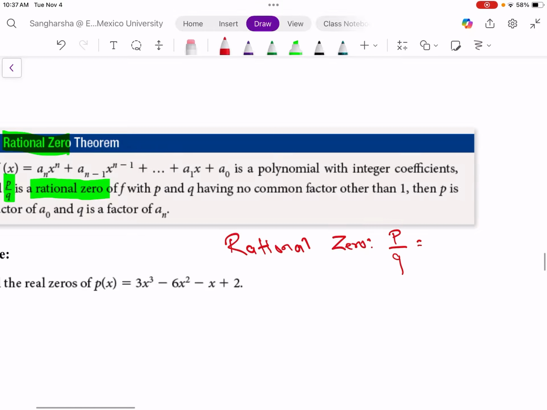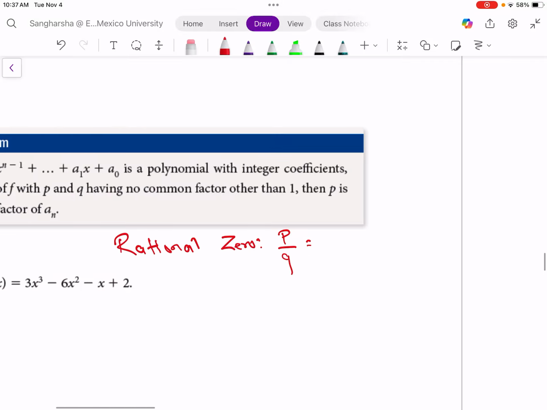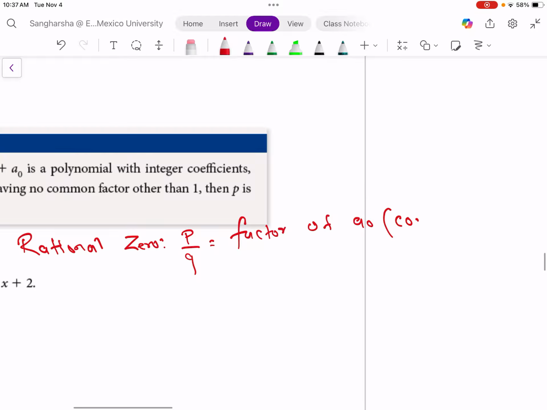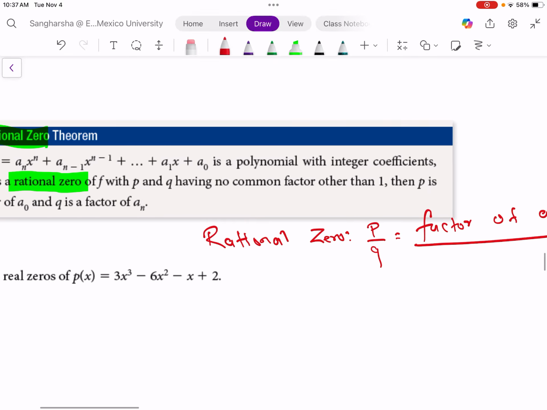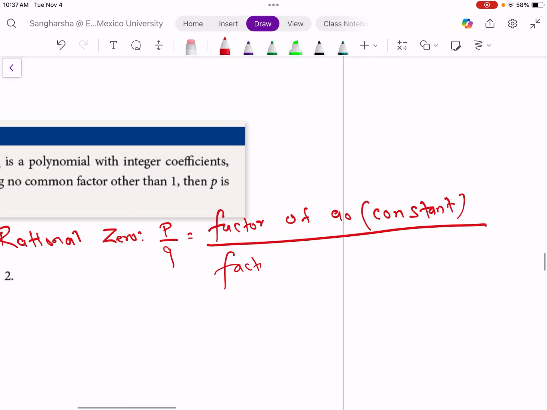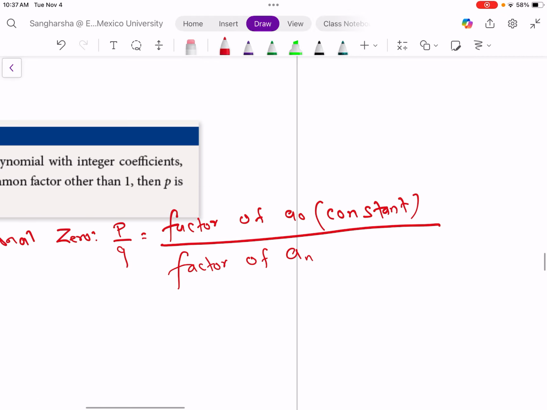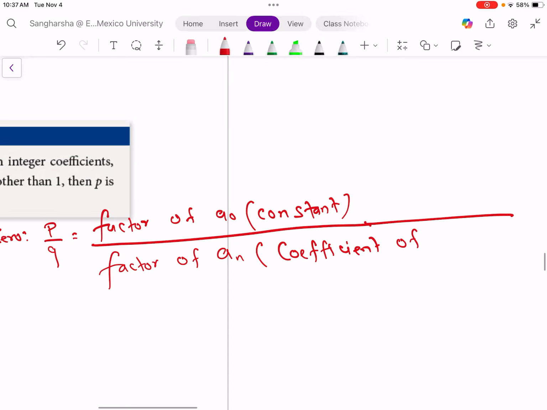Now what is p? p is a factor of a naught, and a naught is a constant, the constant term of that polynomial. So p is a factor of the constant, divided by q. q is a factor of a n, and this a n is the coefficient of the leading term.